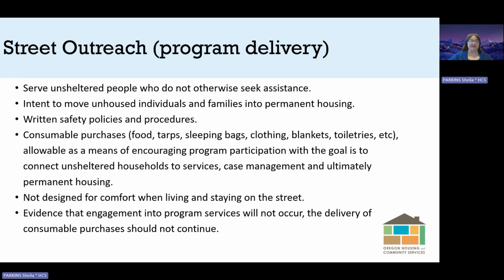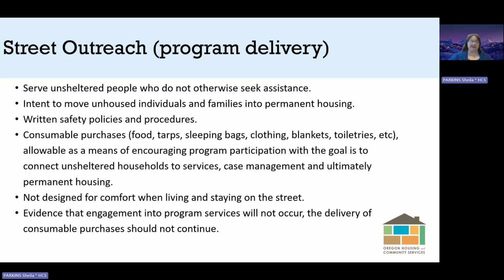OHCS recognizes that as a function of building rapport and reaching unhoused populations, grantees typically provide consumable purchases, such as food, tarps, sleeping bags, clothing, blankets, toiletries, etc. However, it is stressed that such purchases must be a means of encouraging program participation, and the goal is to connect unsheltered households to services, case management, and ultimately permanent housing.